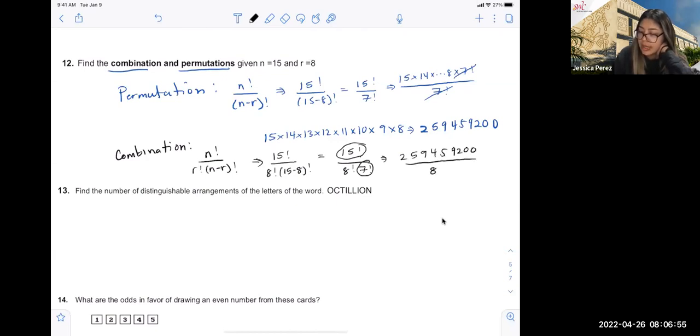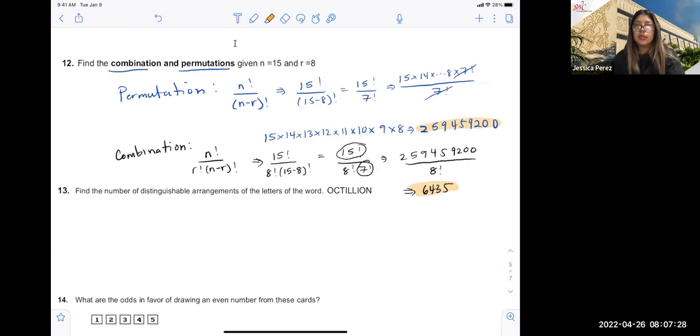Divide that number by 8 factorial and use your calculator. You're left with 6,435. That's the combination. This is the permutation.